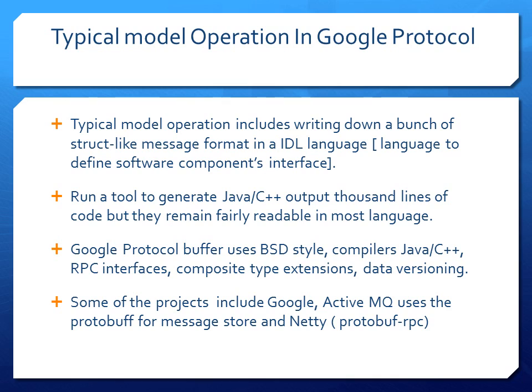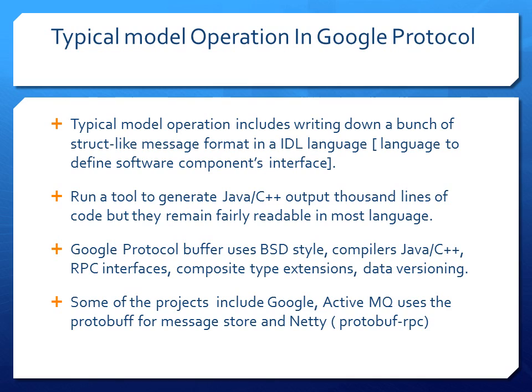Alright, so how do you use a protocol buffer? It includes writing down a bunch of struct-like messages formatted in an IDL language. Then you run a tool, the protocol buffer compiler, and for the languages that you specify, it will output classes that can access, parse, set, create, and build all of the protocol buffers.